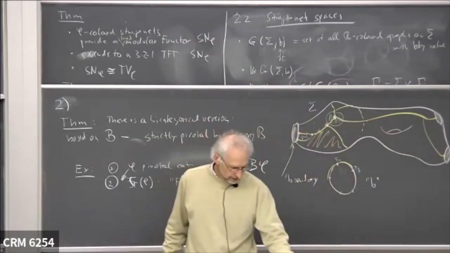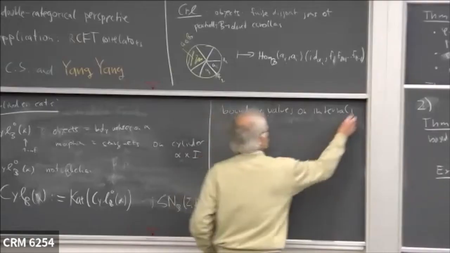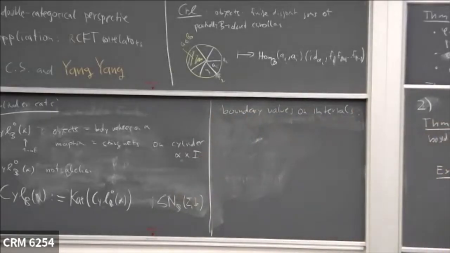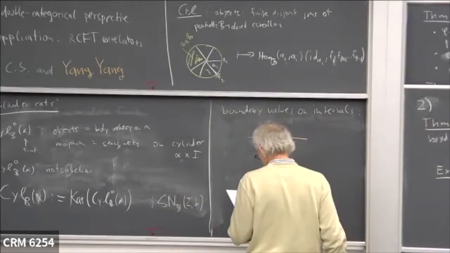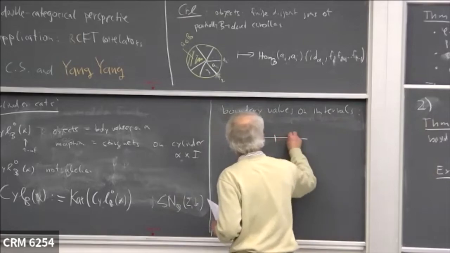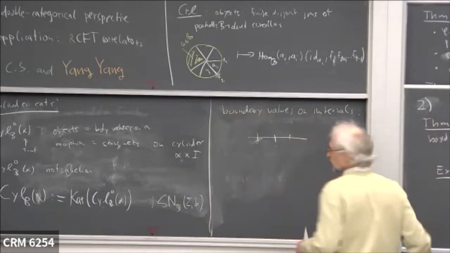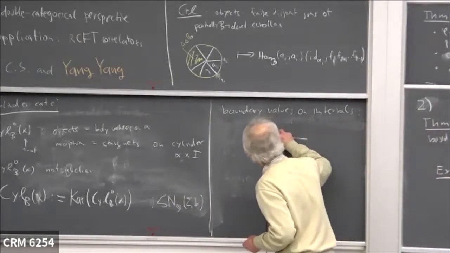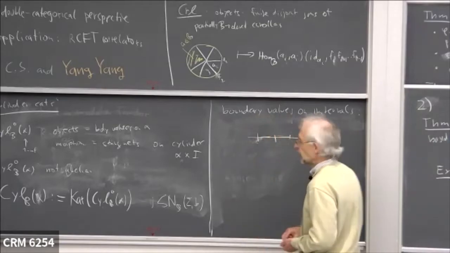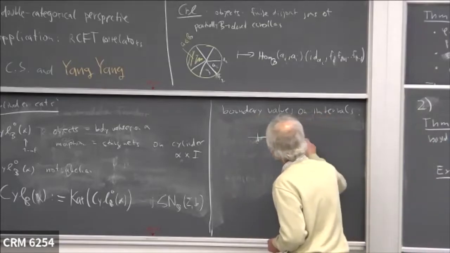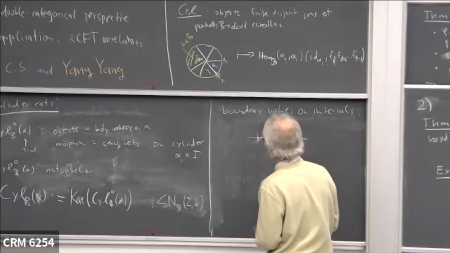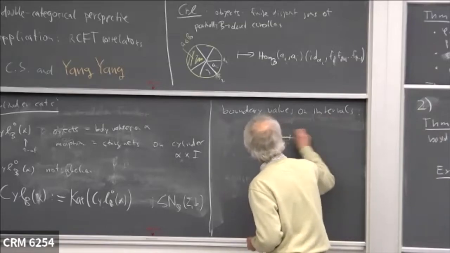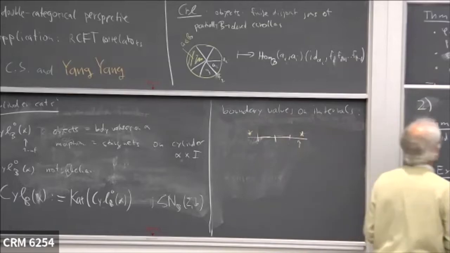It turns out that when you look at intervals, you have these isolated points at which you have one-morphisms, and then you have corresponding objects in your bicategory here, and you require that at the ends of the intervals the object that you have is some particular object.